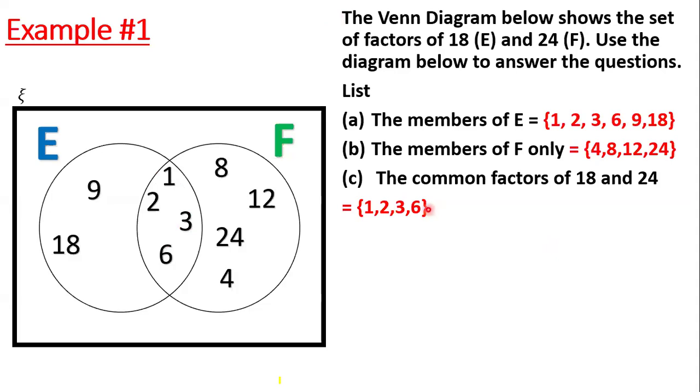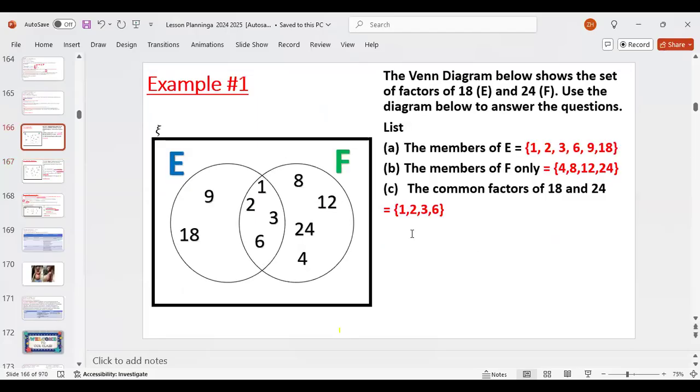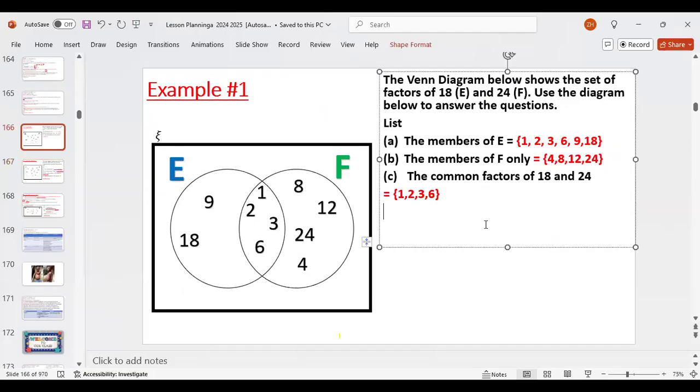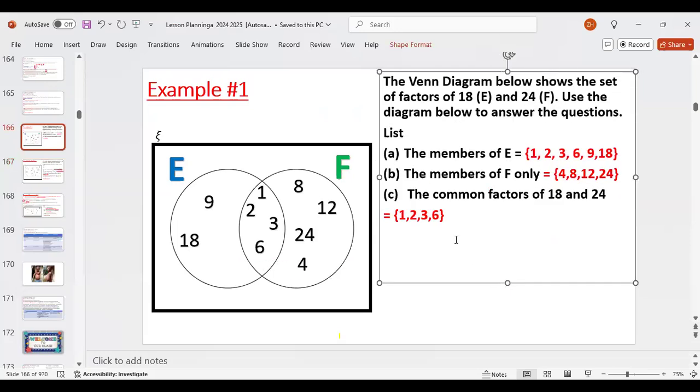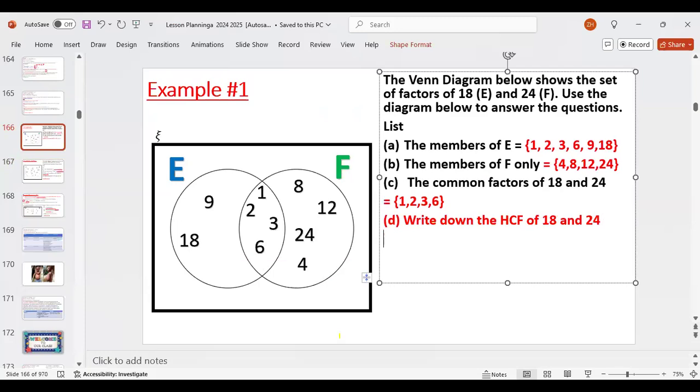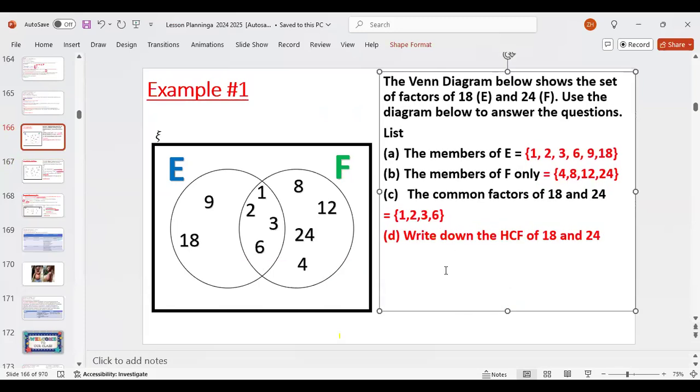Now the next question is part D. Write down the highest common factor of 18 and 24. Can anyone answer this? What would be the highest common factor of 18 and 24? 6. 6 would be the correct answer.